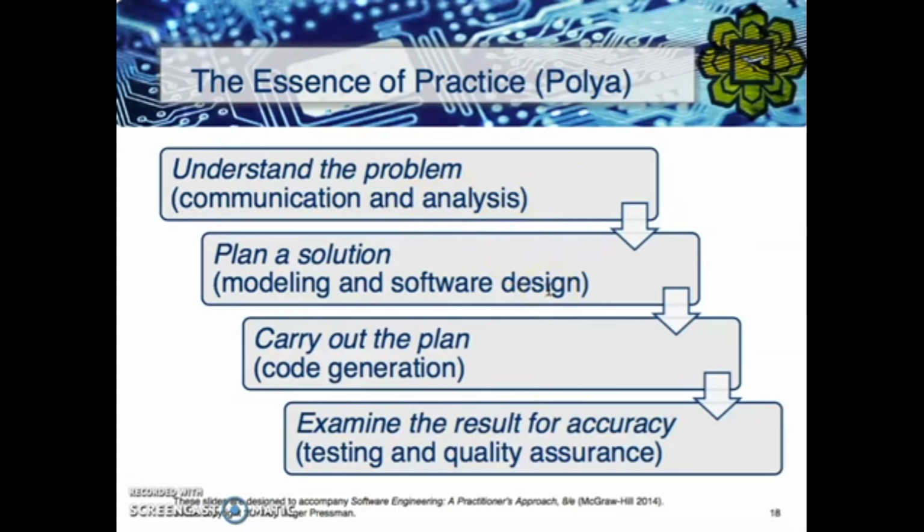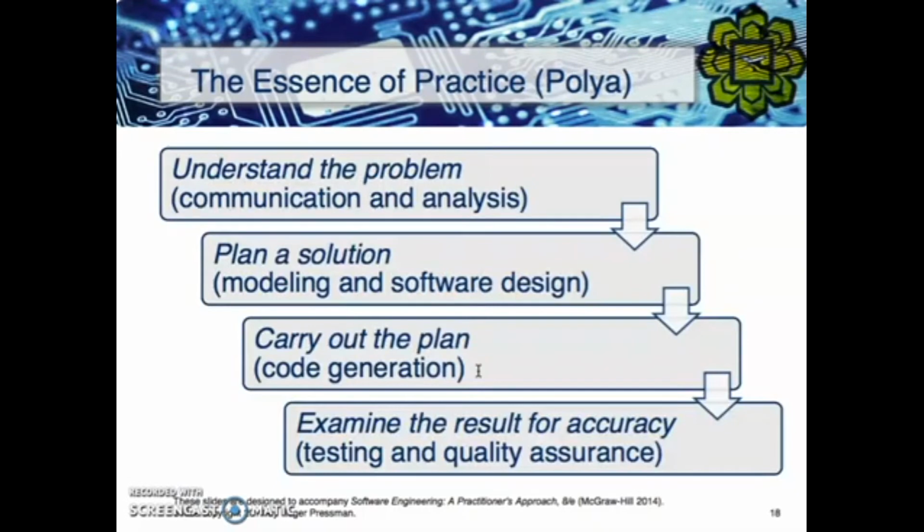This is where we plan the solution, right? And then when we have such a design, the code generation activities happen, and finally we do the necessary testing and quality assurance activities, to check that we have actually delivered what we're supposed to deliver.